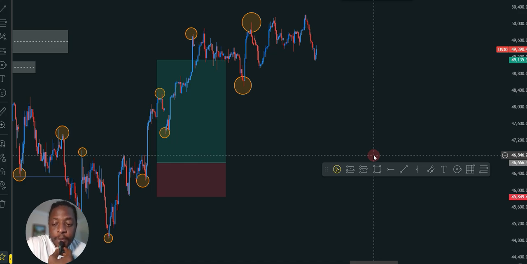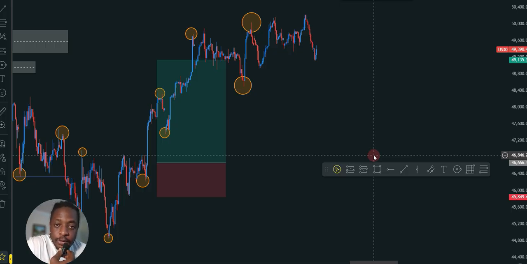This was the aha moment for me, just being able to understand swing points. If you don't understand the idea of breaks of structure, if you're doing all the ICT, SMC, inducement, it's pointless.